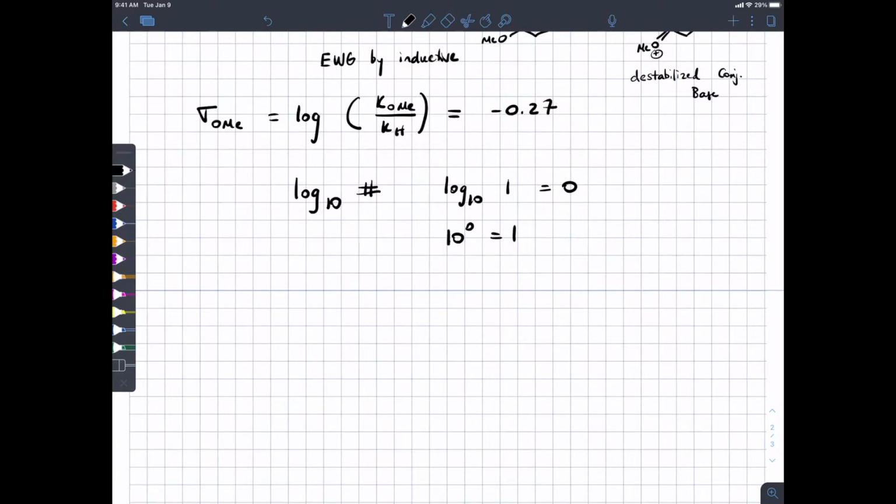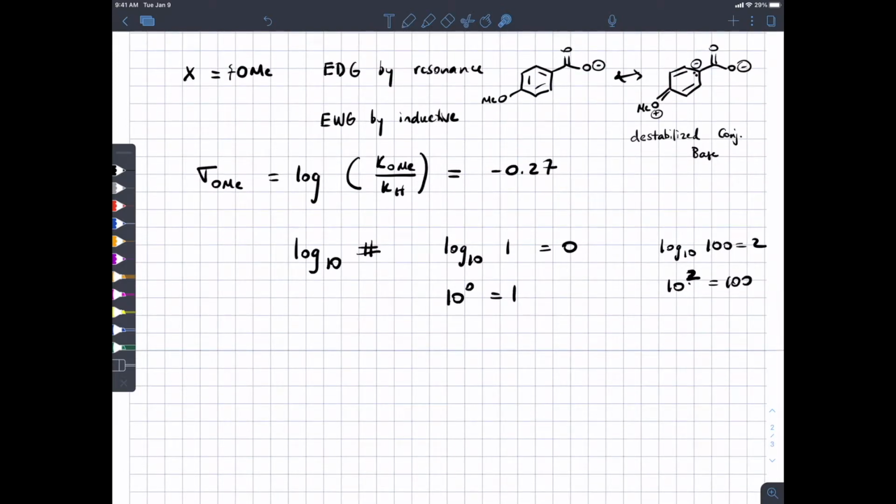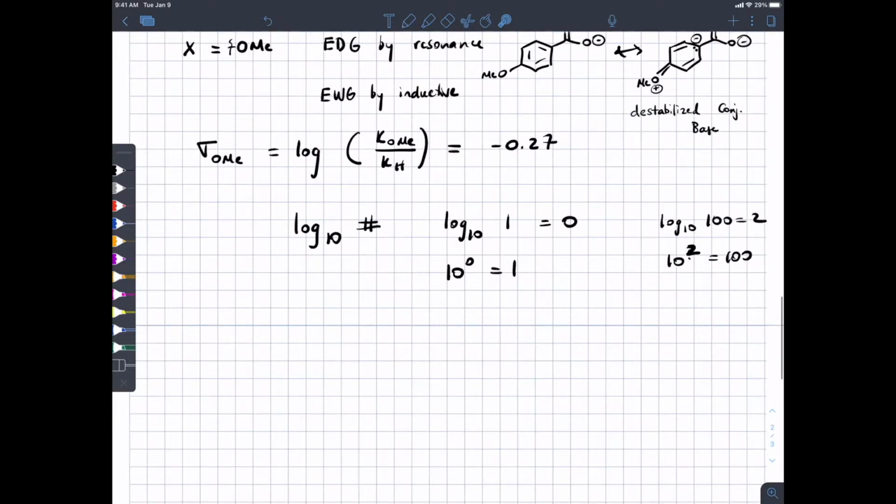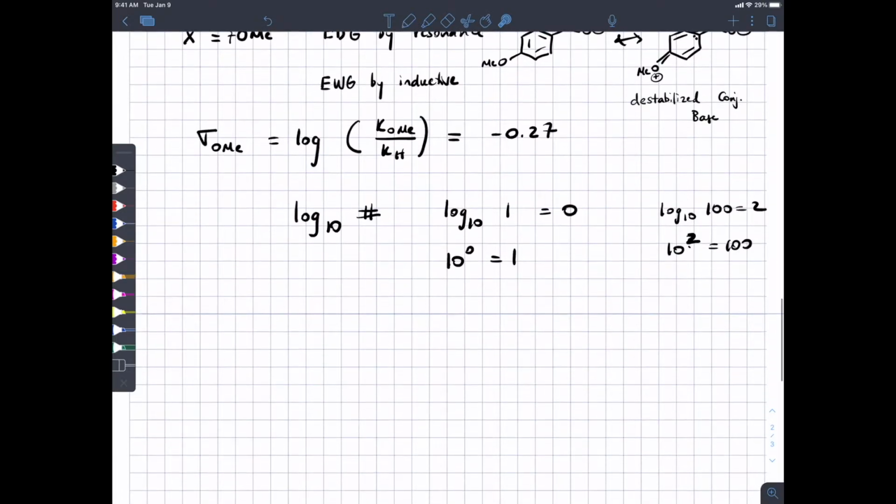The base 10 log of 100 is what? 10 to the what equals 100? 2, right? So the base 10 log of 100 is 2. So this question is, what power do I have to raise 10 to so that it equals this ratio? That's minus 0.27.